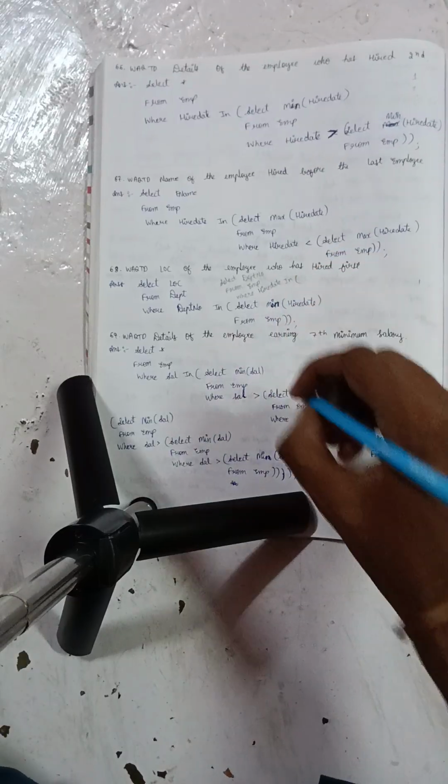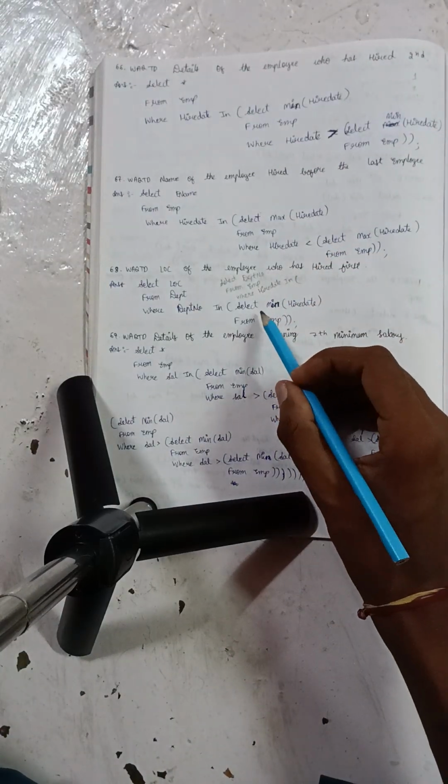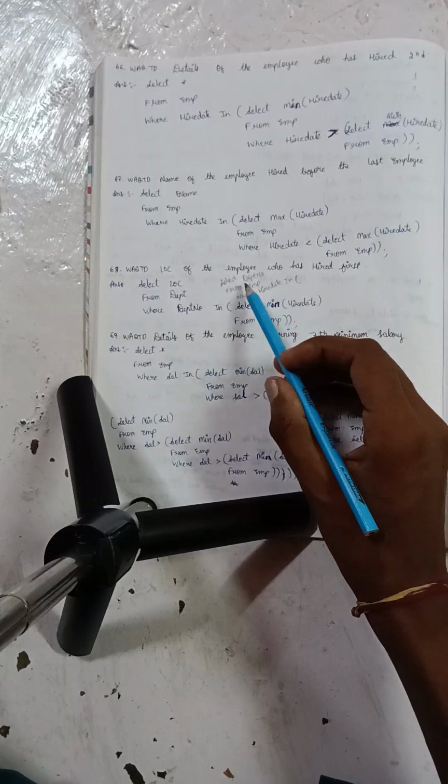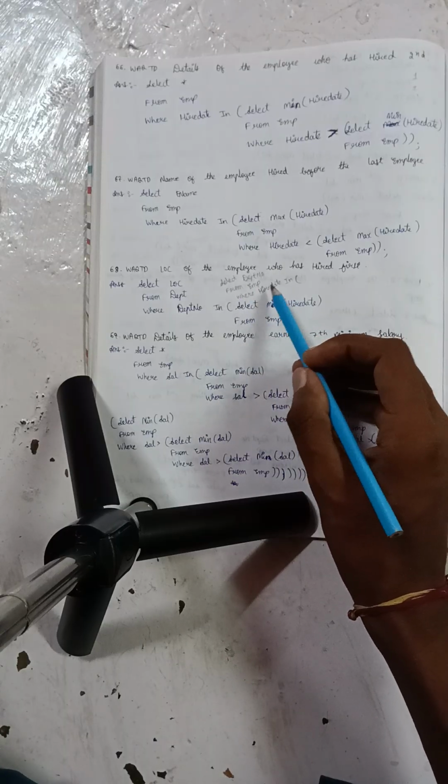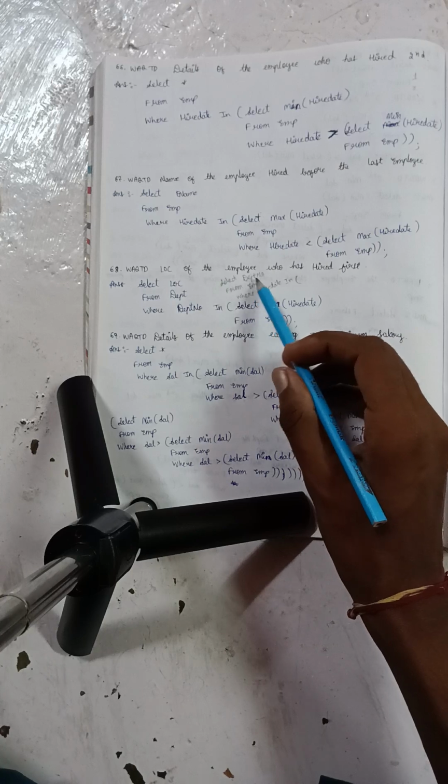Here we will get the minimum hire date, and here we will get the department number for that hire date which is present in the employee table.